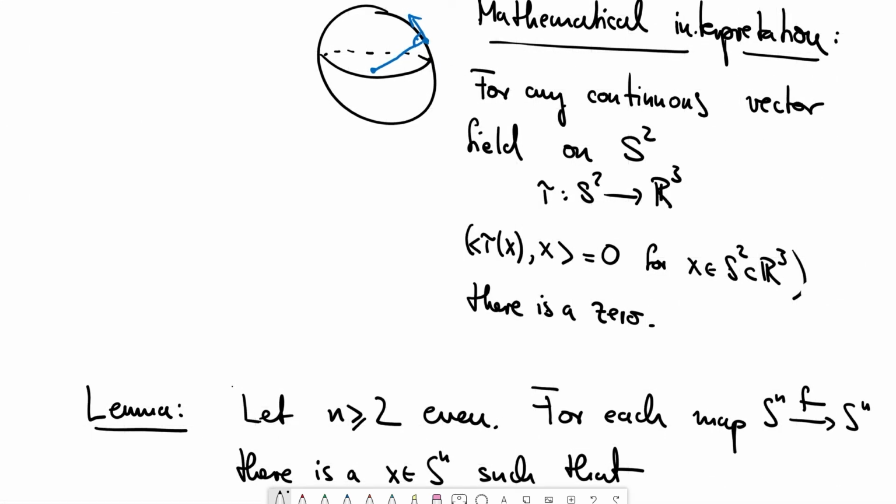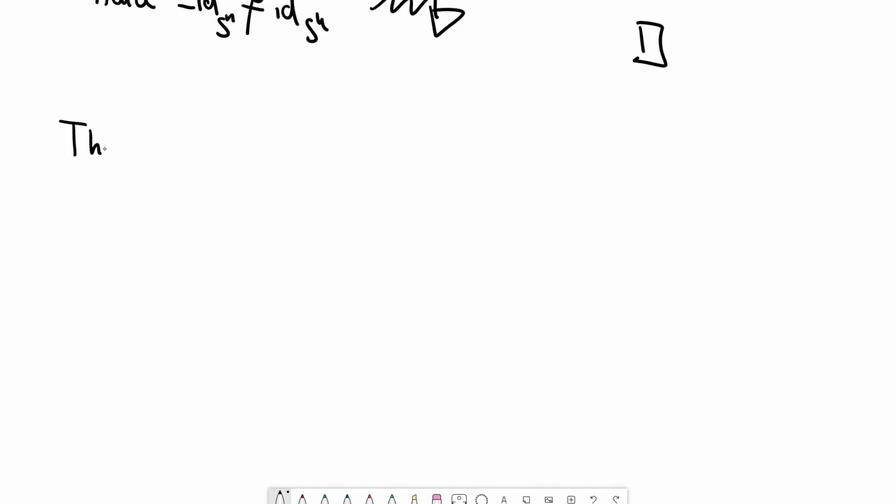And this is the interpretation of the fact that at every time, at some point on the sphere, the wind is not blowing. And we prove a similar statement now for Sn.